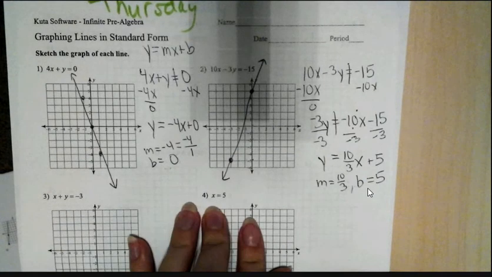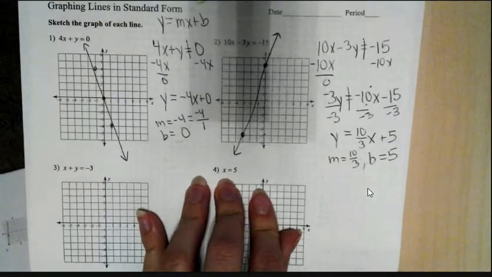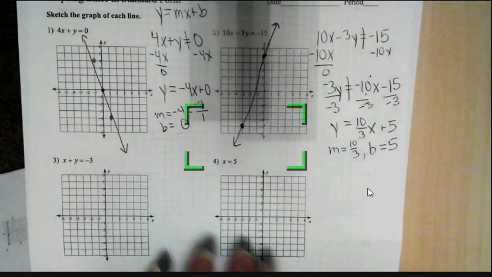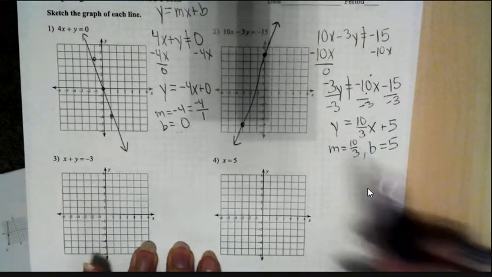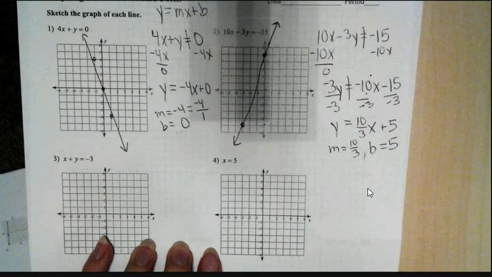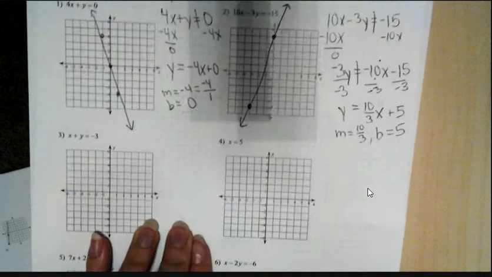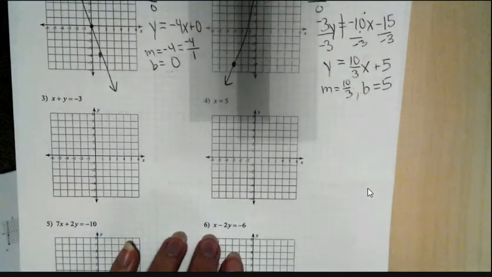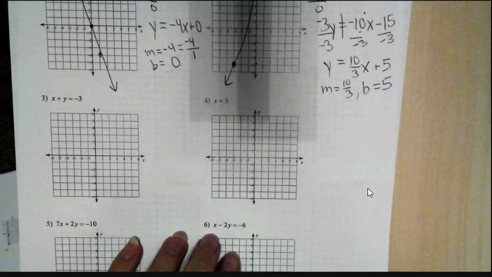What I would like you to do now is try number 3 by yourself using these examples. And then check the key or ask your teacher if you did it correctly.